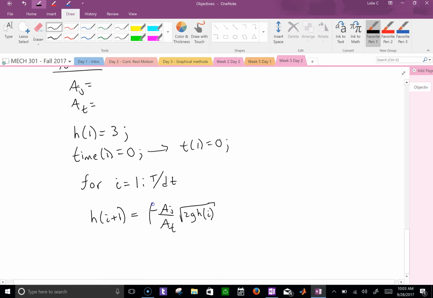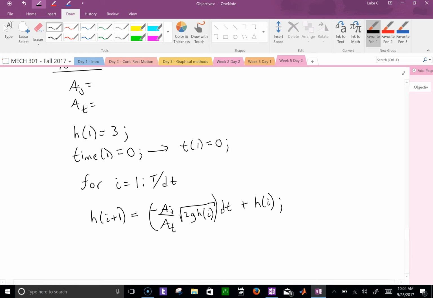And then this is times delta t plus h of what? Delta t would be dt. Yep, h of i. Why? Because that's what we used for 1.